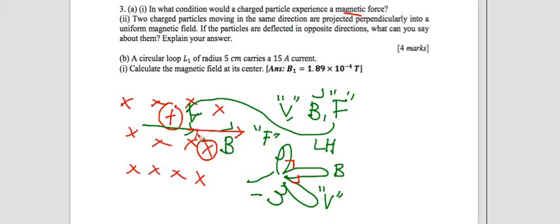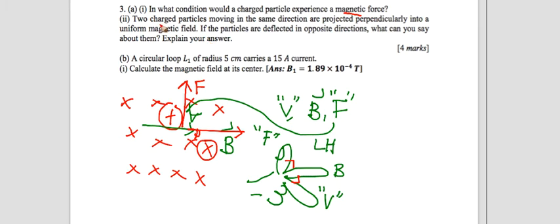So this is 90 degrees compared to B. If you use the left hand, the direction of the force is upward. And if you look at the diagram, this direction of F is upwards, right? So the charged particle experiences magnetic force when it enters the magnetic field B.